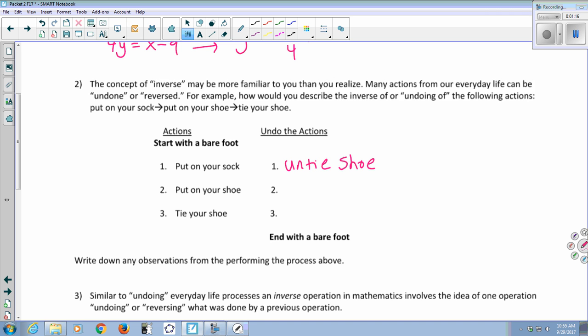Okay, so then you go in reverse order. Once you untie your shoe, you can take your shoe off. And once your shoe is off, you can take off your sock. So you have to do your actions in the reverse order that you did them.